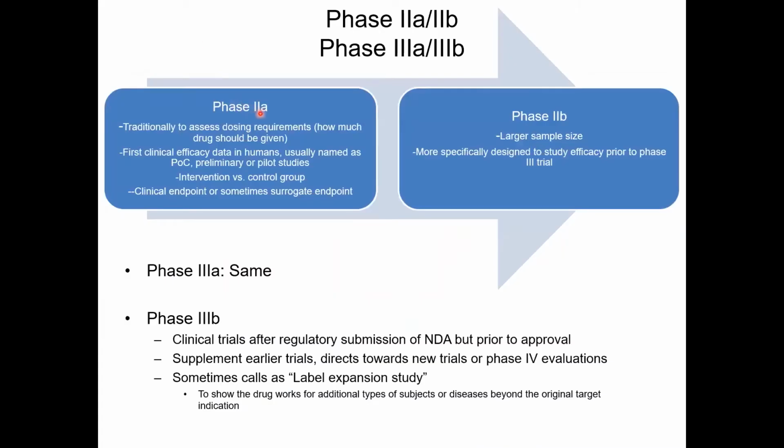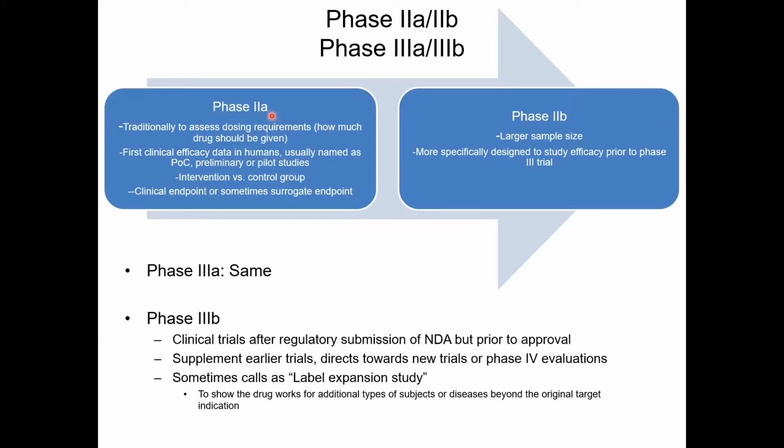Phase 2 is sometimes further divided into phase 2A or phase 2B. Phase 2A is usually called proof of concept, preliminary, or pilot studies, and the traditional goal is to assess dosing requirements.